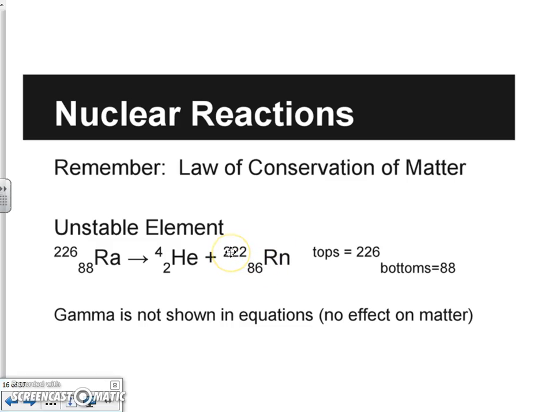So 222 over 86, and then use this bottom number to figure out your element. 86 is, just to double check, yes, radon. So again, tops equal bottoms. That's the law of conservation of matter. There are probably some gamma particles emitted here to get rid of that energy, but we don't show them. So just worry about making sure tops equal bottoms, and use your new bottom number to figure out what the element is from your periodic table.